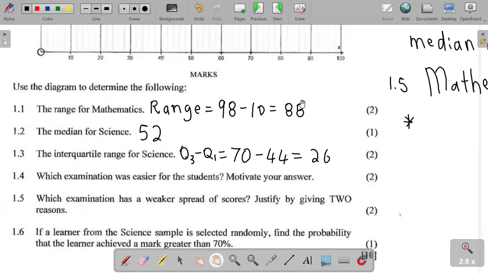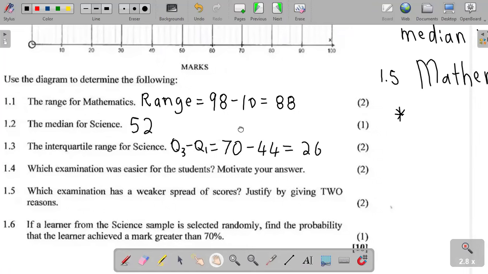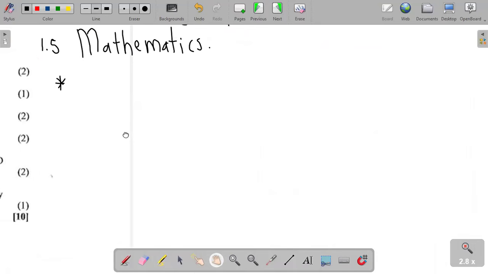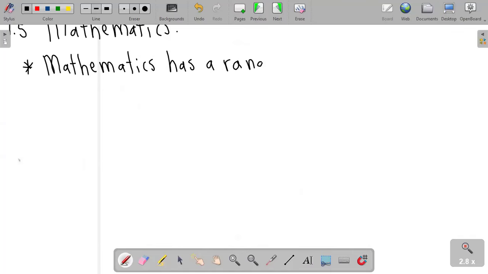So the range here is 88 for mathematics, and if we compare, we can compare the two ranges. So mathematics has a range.